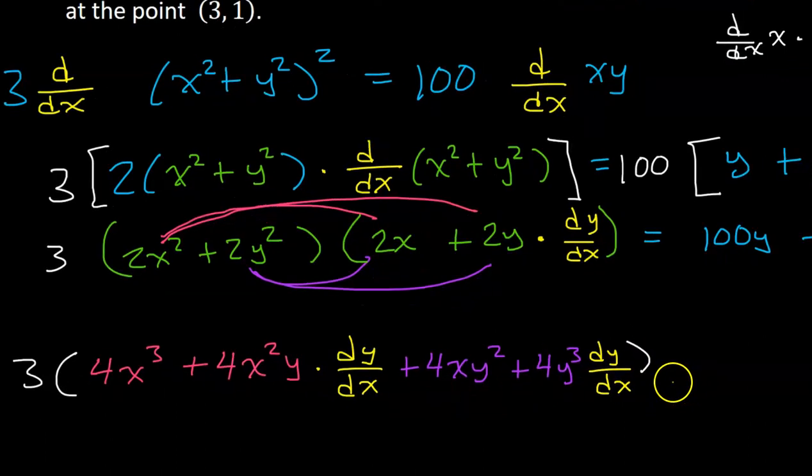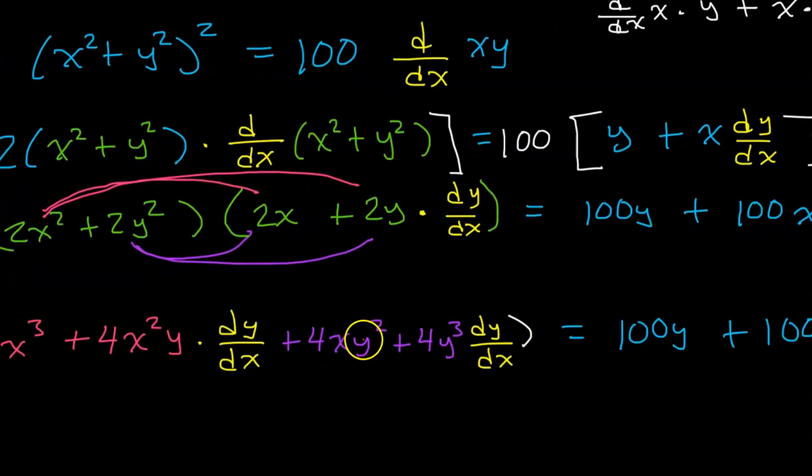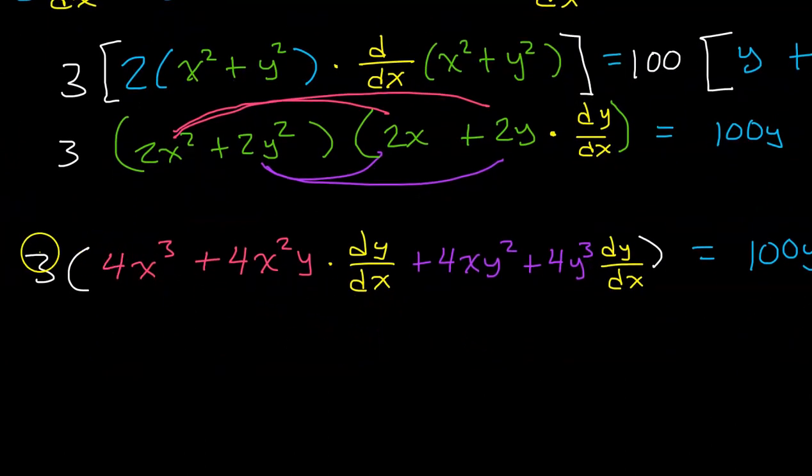Okay. Let's go ahead and just bring down the right-hand side of the equation, which is 100y plus 100x dy dx. All right, let's just distribute the 3 throughout everything.